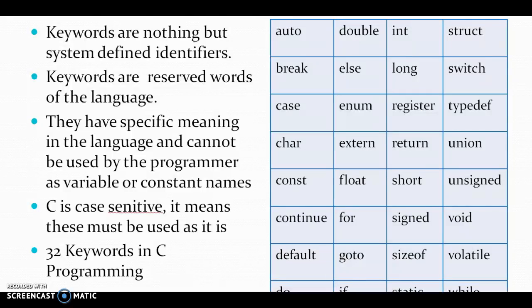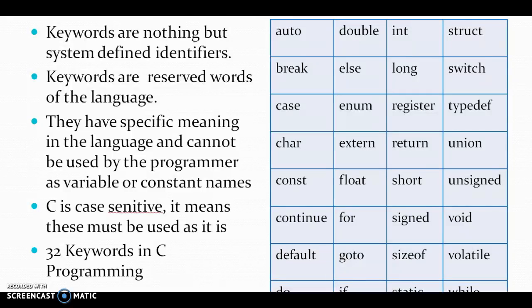Here, we have around 32 predefined keywords. Keywords are nothing but the system defined identifiers. Keywords are reserved for the language, which means the user cannot use these keywords in the programming language, cannot define these keywords.